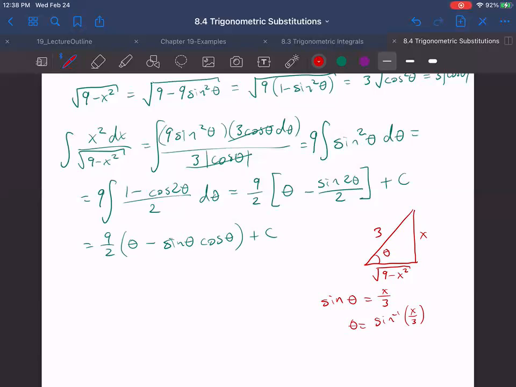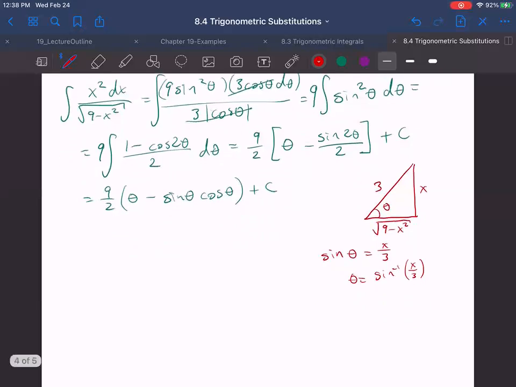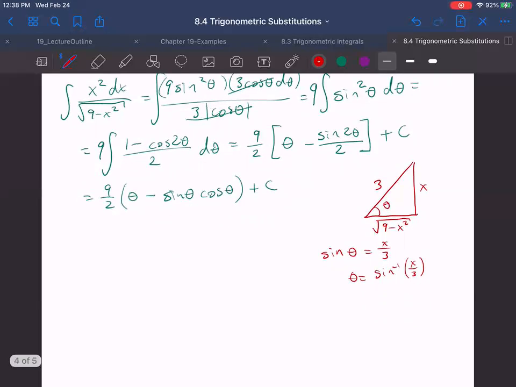So we got what theta is. Now we need sine and cosine. Well, we just said sine was x over 3, so we've got that. And then cosine is square root of 9 minus x squared over 3.